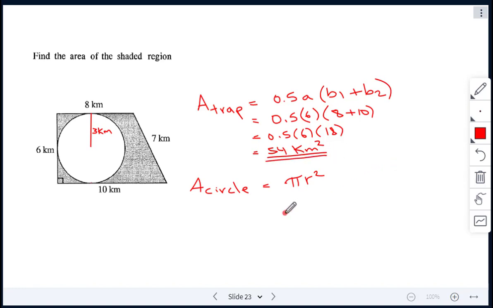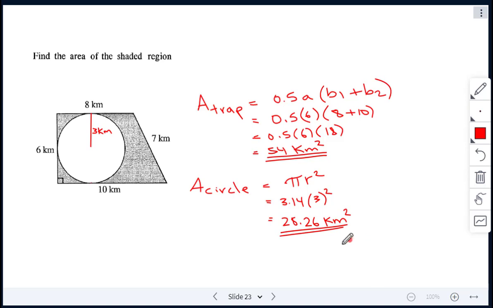Next, for the area of the circle, firstly we have to figure out what the radius is. We can see that the diameter of the circle is 6 kilometers. So half of that, the radius, would be 3 kilometers. So 3.14 times 3 squared, and that gives me 28.26 kilometers squared.